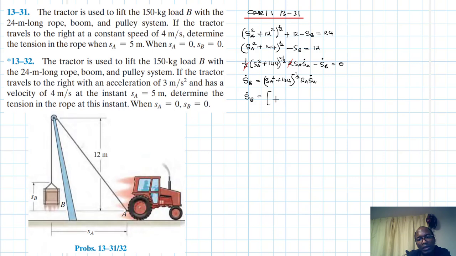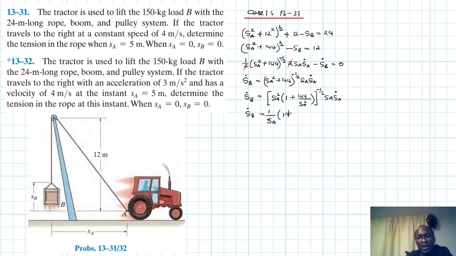So let me factor out the inside so that I make this work easier. If I factor out the inside, this becomes SA squared times 1 plus 144 divided by SA squared. Then I close, then to the power half, SA squared. I can factor out the SA there, mind you. All this will come down, because of this negative power it becomes 1 over SA.